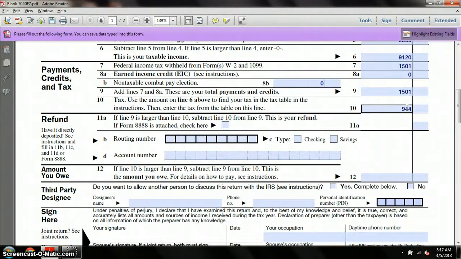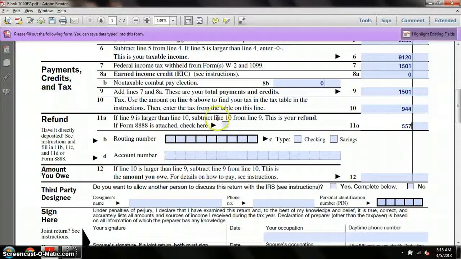So we're going to take line 9, which is $1,501, minus 944, and we're going to enter that amount in 11A. That should be $557. Now, this is how much you're going to receive as a refund if this is your situation. So Roberto would be receiving a payment from the government, paying him $557 as a refund.